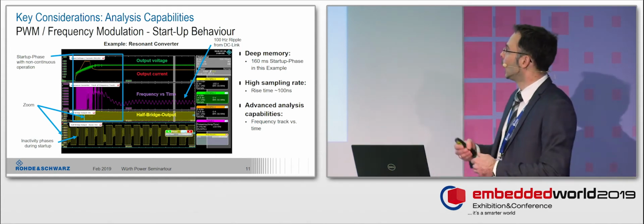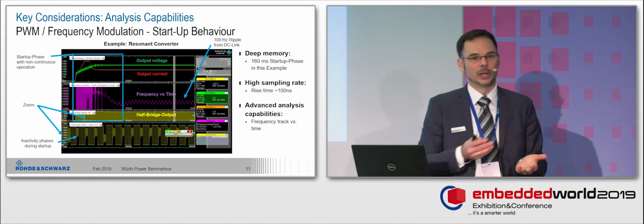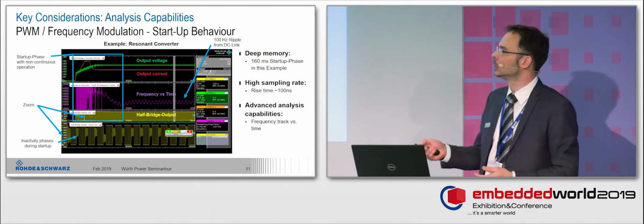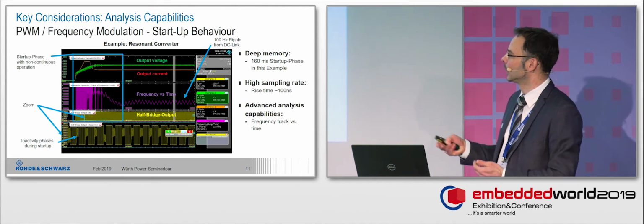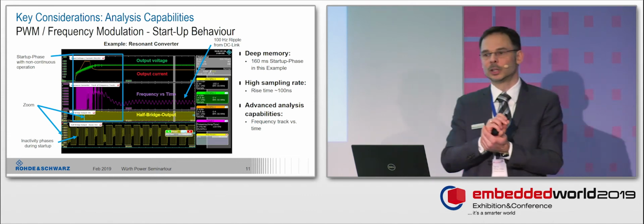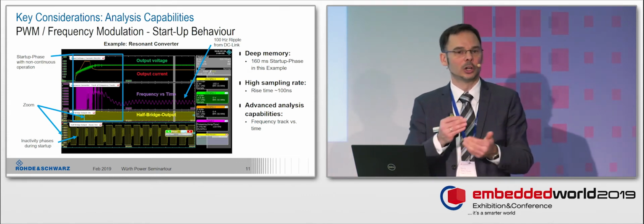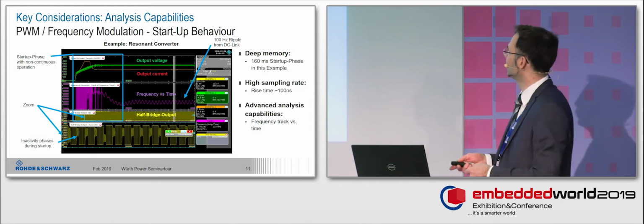So for that kind of analysis, it's relevant that you have a lot of memory, because usually you want to capture long time periods. In this example, I captured 300 milliseconds, but still you need to look at the details in order to capture the frequency or the pulse width modulation, whatever your design is using.